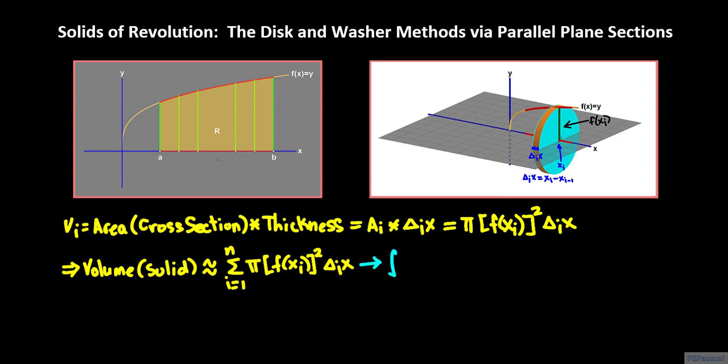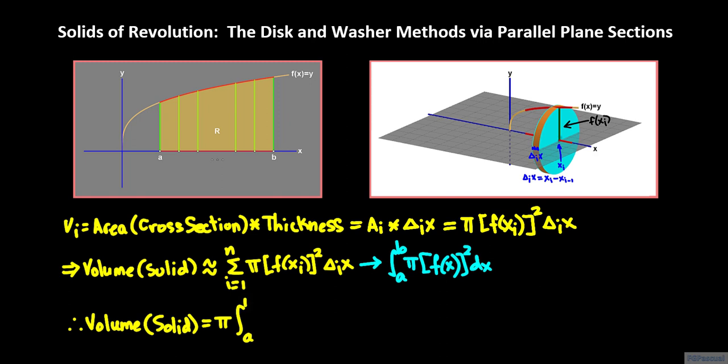And that definite integral is the integral from a to b of pi times the square of f of x. We factor pi out from the integral so that the volume of the solid of revolution is pi times the integral from a to b of the square of f of x.